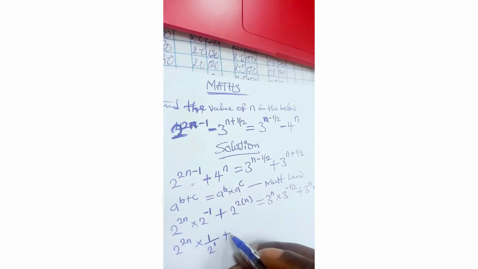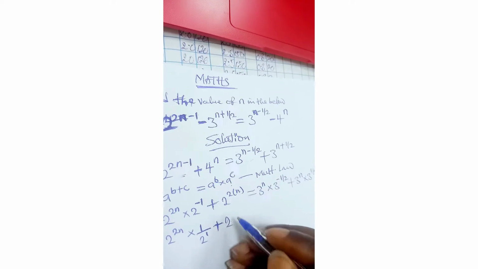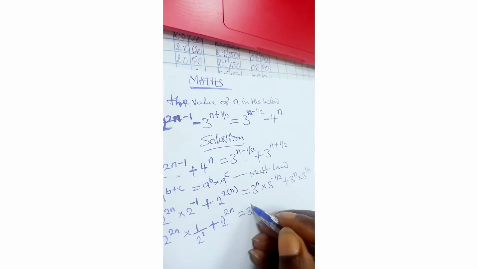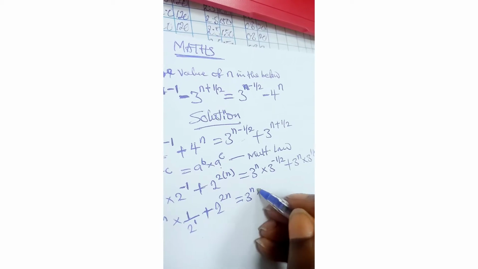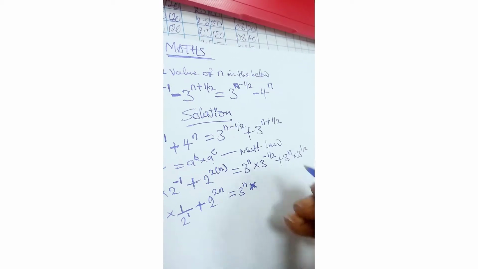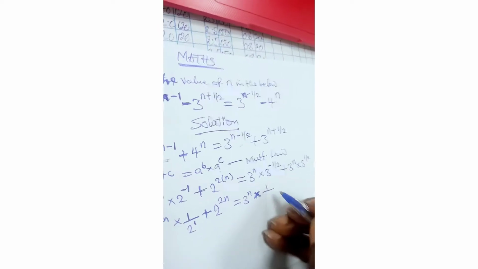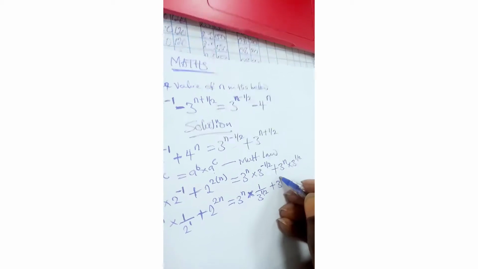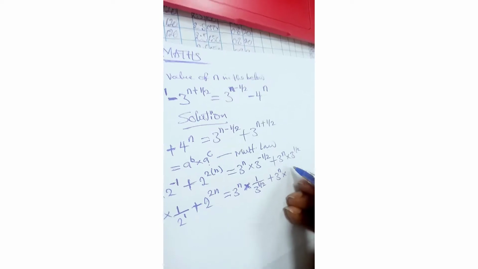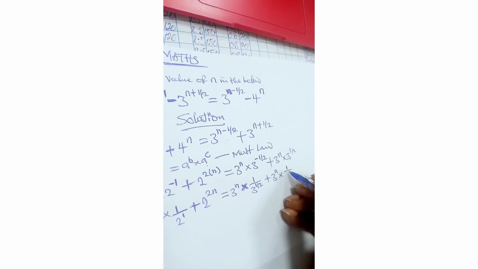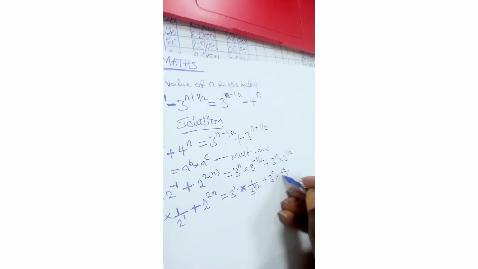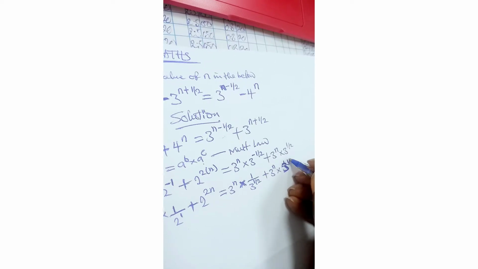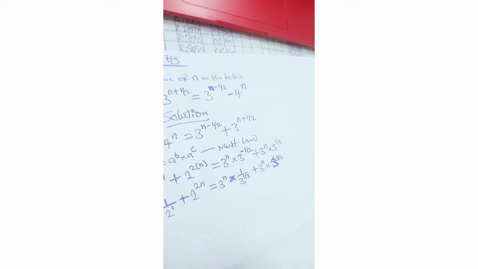Plus 2 raised to power 2 times n will give you 2n, which is equal to 3 raised to power n times, this minus will turn to 1 over 3 raised to power 1 over 2, plus 3 raised to power n times 3 raised to power 1 over 2.